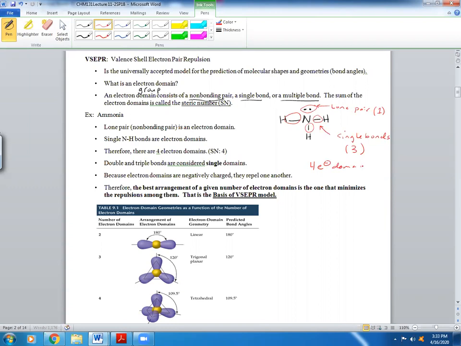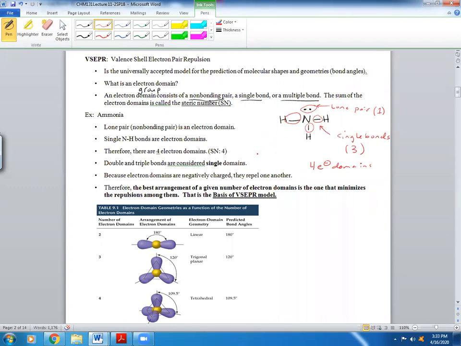So you have 4 groups of electrons. This is one group, 2, 3, and 4. Now, when we get to double and triple bonds, they are also 1, because you can have a group of 4 electrons, a group of 2 electrons. Single bond, double bonds. That's what we mean.